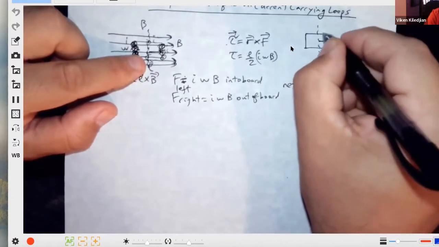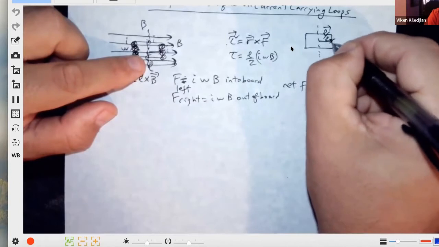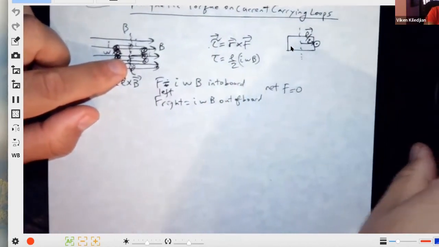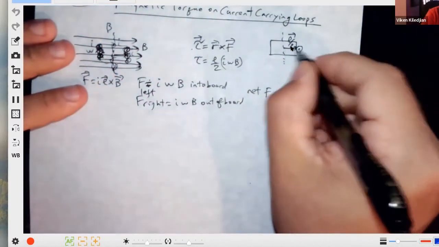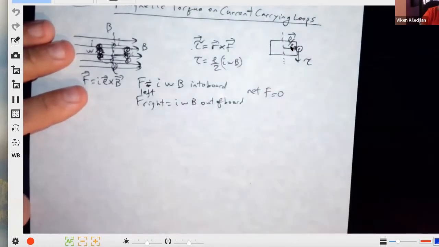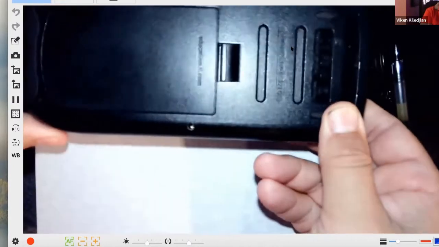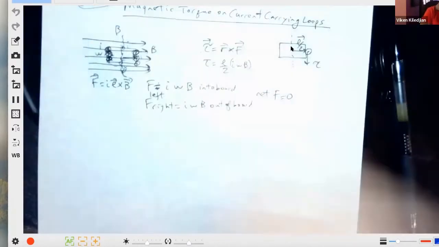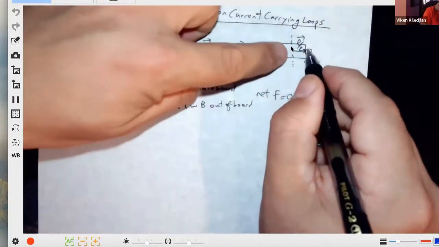This is the L over 2. And then the force is out of the board. So then you go like this. The torque is down. So this crossed into this gives you a down torque. So essentially what that means is that it tends to make the object come out of the page like this. So you're pulling up, so the object rotates like this.